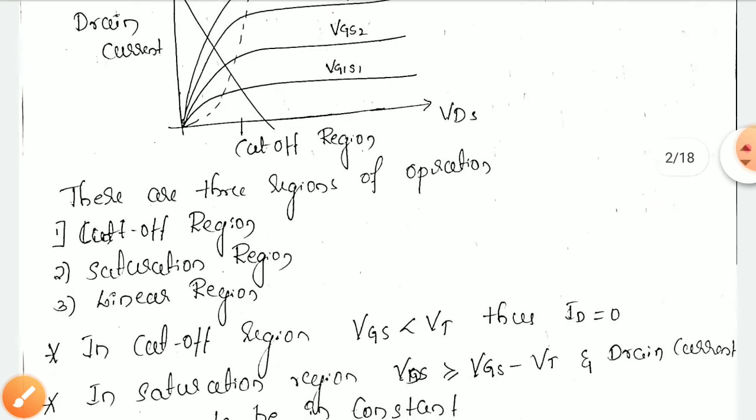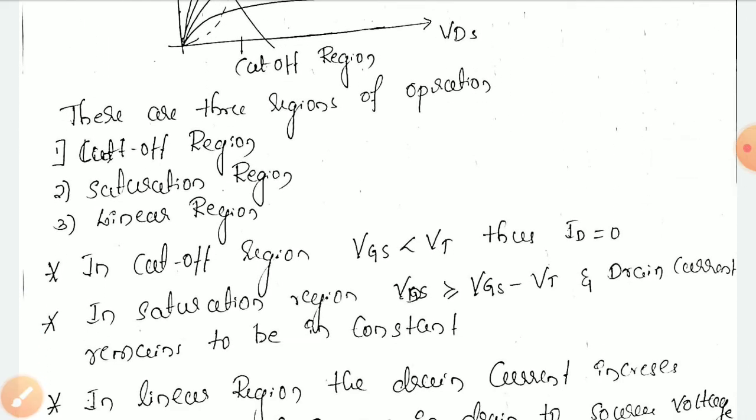There are 3 regions of operation: the cutoff region, the saturation region, and the linear region.